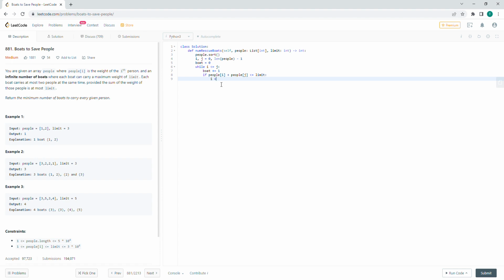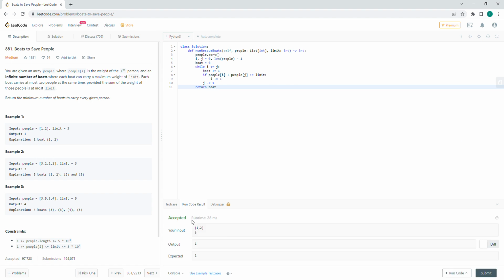To do that, we increment i by 1, and we also decrement j, the pointer for the heaviest person, going to the left. Then we keep continuing this algorithm, and that's pretty much it. And then we want to return our number of boats. Return boat.